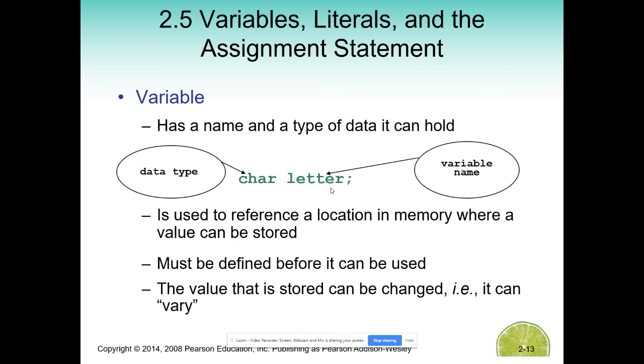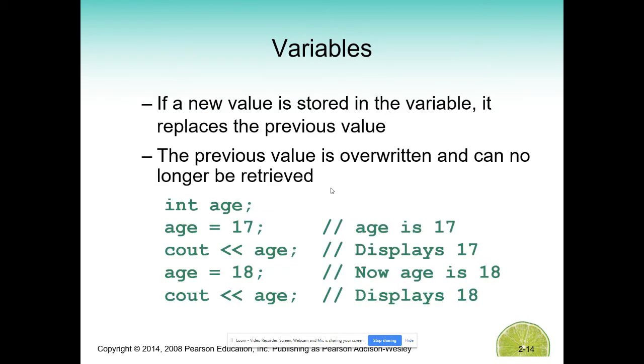So if you say char letter, you're saying I'm trying to hold a character type, and I'm going to call this variable letter to say that I'm putting a letter in there. If we say integer, then we are saying we are trying to hold some whole number, whether it's positive or negative.